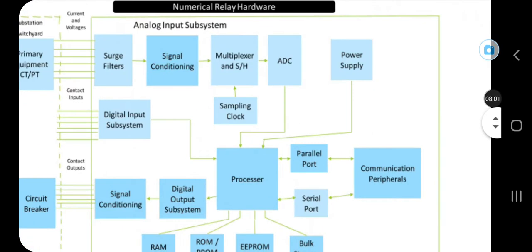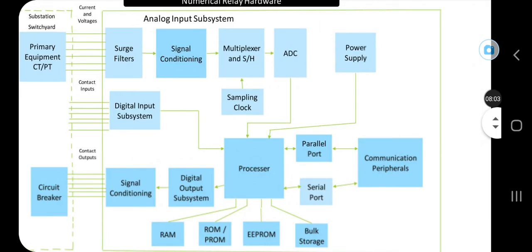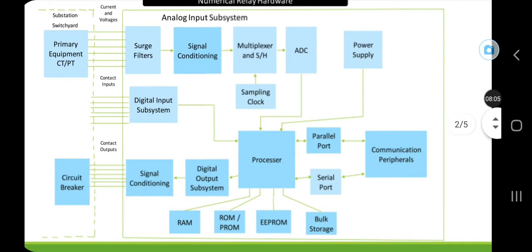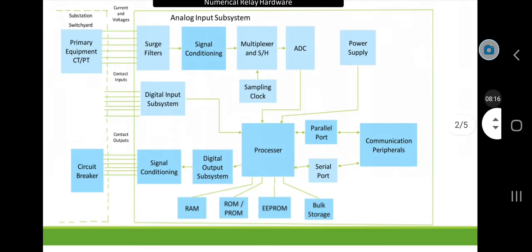Then the communication peripherals and the protocol. The communication facilities are available with various communication ports like RS-232, RS-485, RJ45, etc. Communication between the numerical relay and the personal desktop or laptop computer can be established through Ethernet and fiber optic cables.